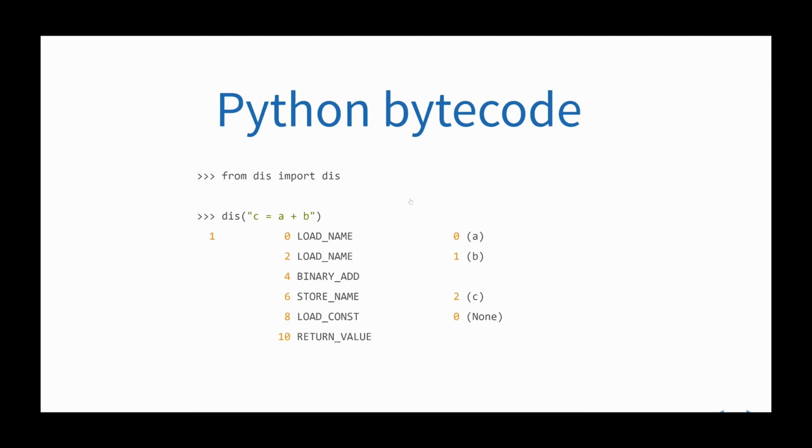What that means is it is not compiled into machine code, but interpreted along the way. And bytecode is what gets interpreted. So if you use the dis module, you can see that c equals a plus b actually consists of this bytecode. And we'll explain what that means in the next slide.